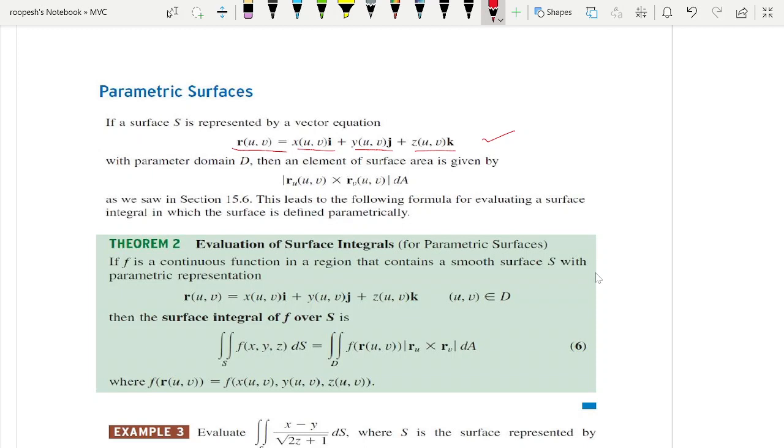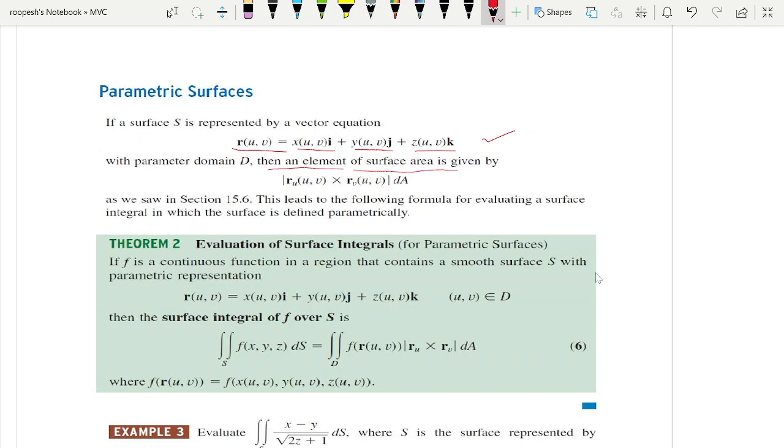Then with parameter domain D, an element of surface area is given by modulus of r_u cross r_v dA. Right? Now this is going to be the surface area of an element.